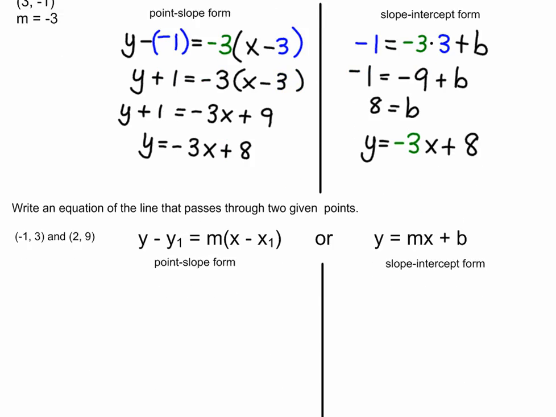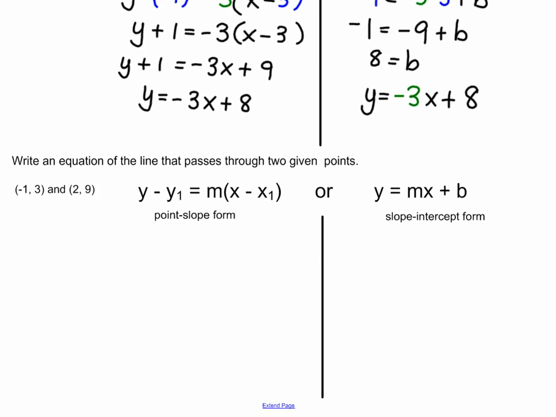And finally, if we have 2 points, what do we do? Same idea, we have 2 different ways we can do this. So first, if I was going to do the point slope form, to find my slope, we could do y2 minus y1. You could put in a 2 so that you know that this is different.